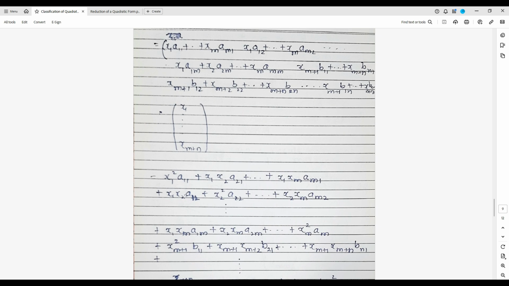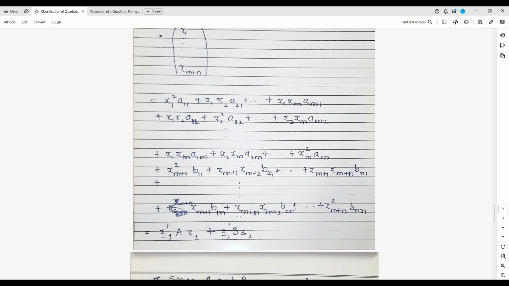So I will get x1 x2 a12 plus x2 square a22 plus so on up to x2 xm am2 and so on. Lastly, the last row will have xm plus 1 b1n plus xm plus n into xm plus 2 b2n and so on, and lastly it will be xm plus n square bnn.